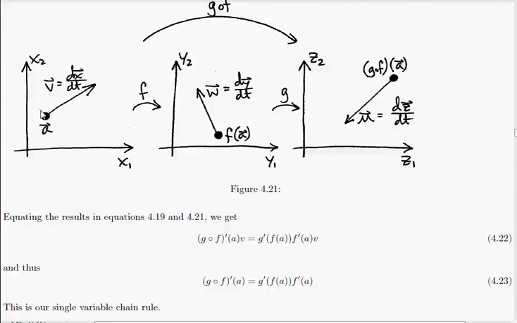Because if you've got a point there in your first domain, that point has its image, and when this is moving with that velocity, that's what's making this move with that velocity, and that velocity of this point is what's causing that to move with that velocity.